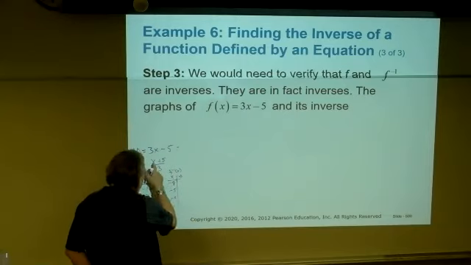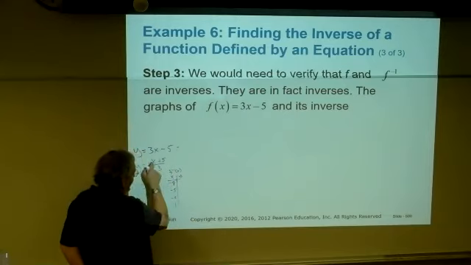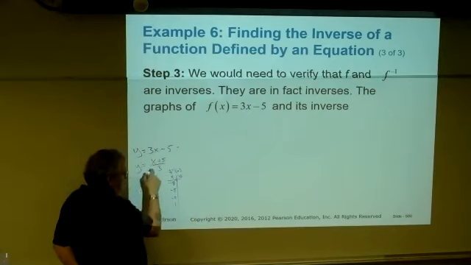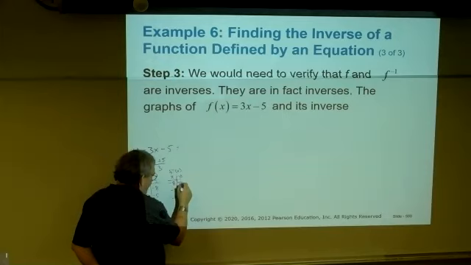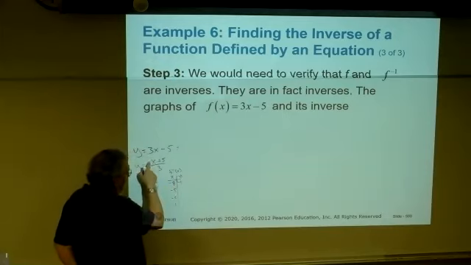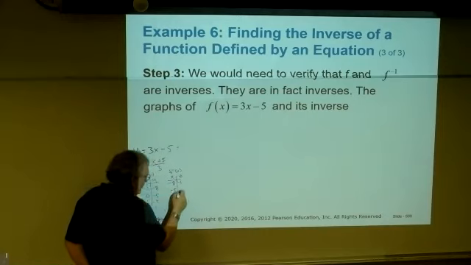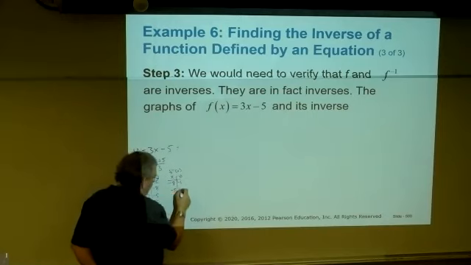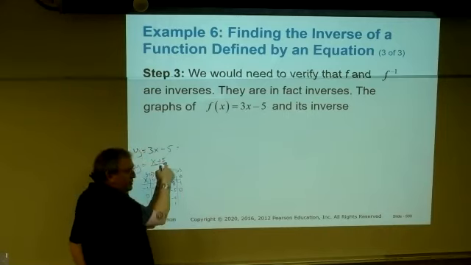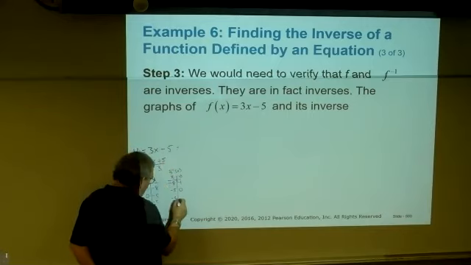So I'm going to put -8 in the numerator. -8 plus 5 is -3, and -3 divided by 3 is -1. -5 in here, -5 plus 5 is 0, and 0 over 3 is still 0. -2 plus 5 is 3, and 3 divided by 3 is 1.